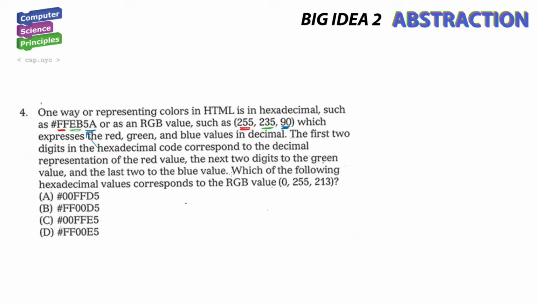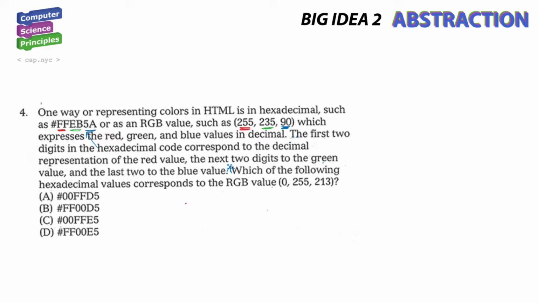And right now we're at this part of the question: which of the following hexadecimal values correspond to the RGB value of 0, 255, and 213? As I did this in class, students tried to connect the 255 equals the FF, and the EB equals the 235, and the 90 equals the 5A.